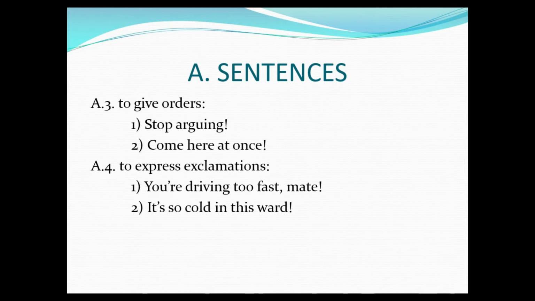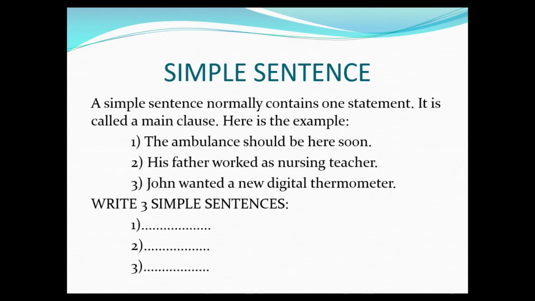Okay, students, this is about the sentence. So what kind of sentence are you studying today? It is the simple sentence. A simple sentence normally contains one statement, so it is called a main clause. Here are the examples. Number 1. The ambulance should be here soon.